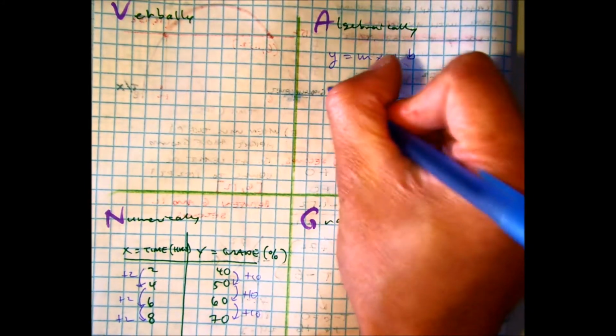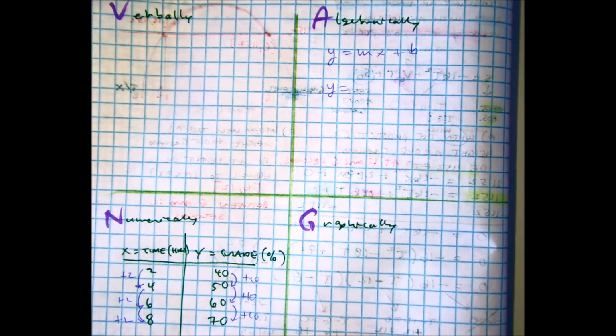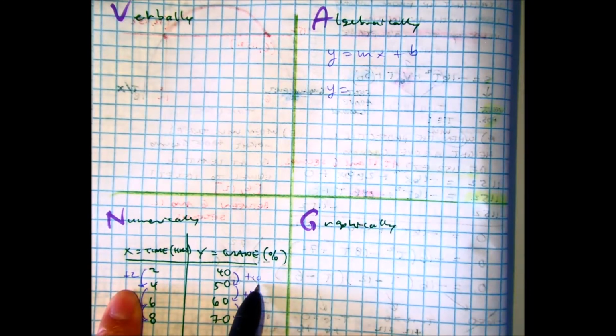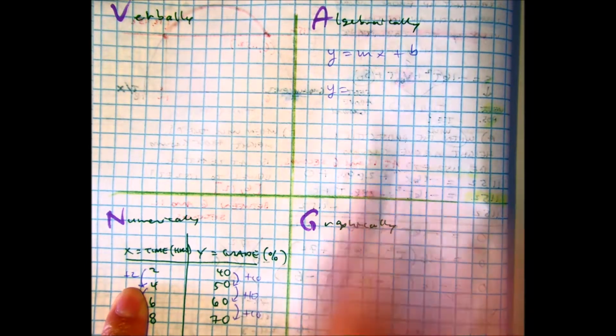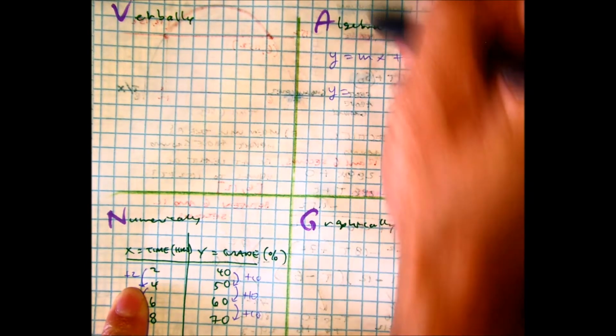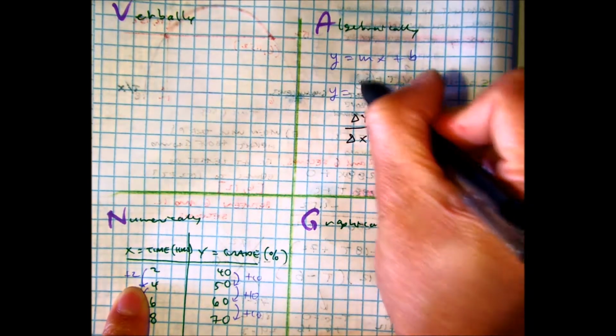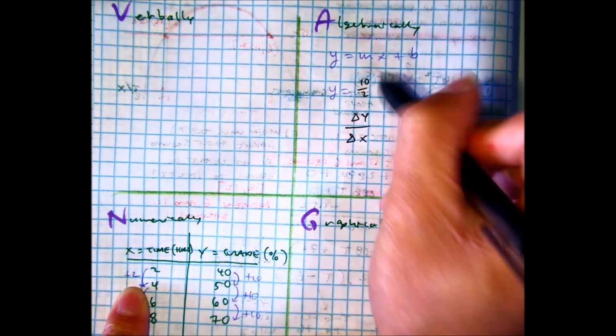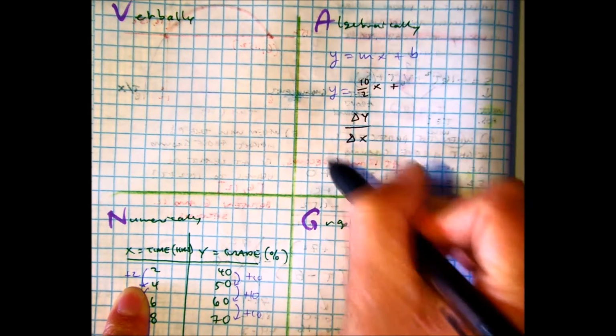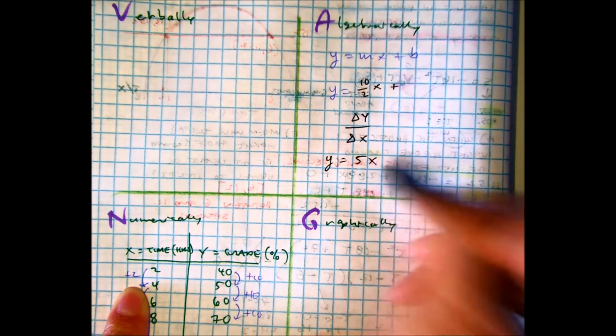Well, my slope is 10 over 2. Slope is a change of y over change of x. So 10 over 2 reduces to what? 5 over 1. 5x.